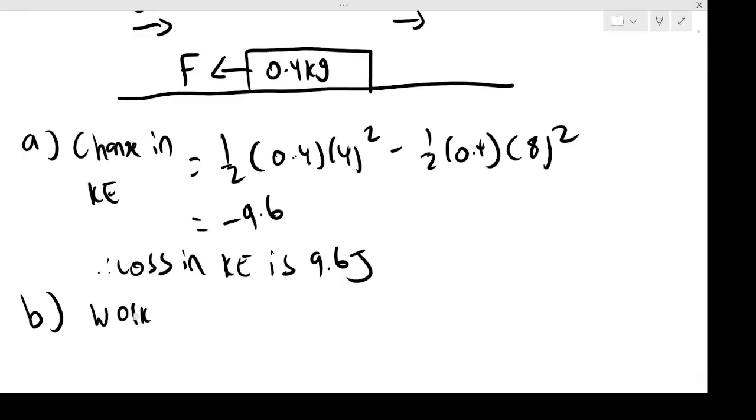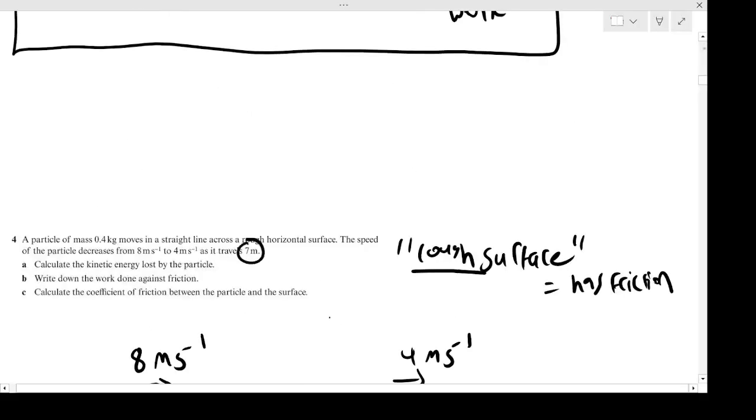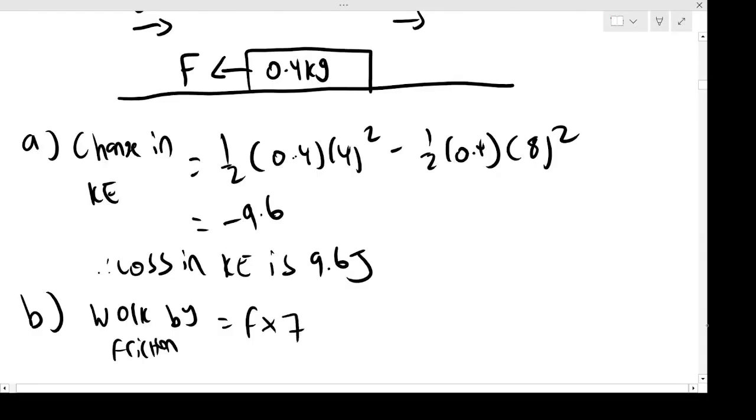Work by friction is going to be the friction force itself, F, times the distance moved. We're told it travels 7 meters. So F times 7. Well, we can't work out the work at the moment because we need to work out what F is.